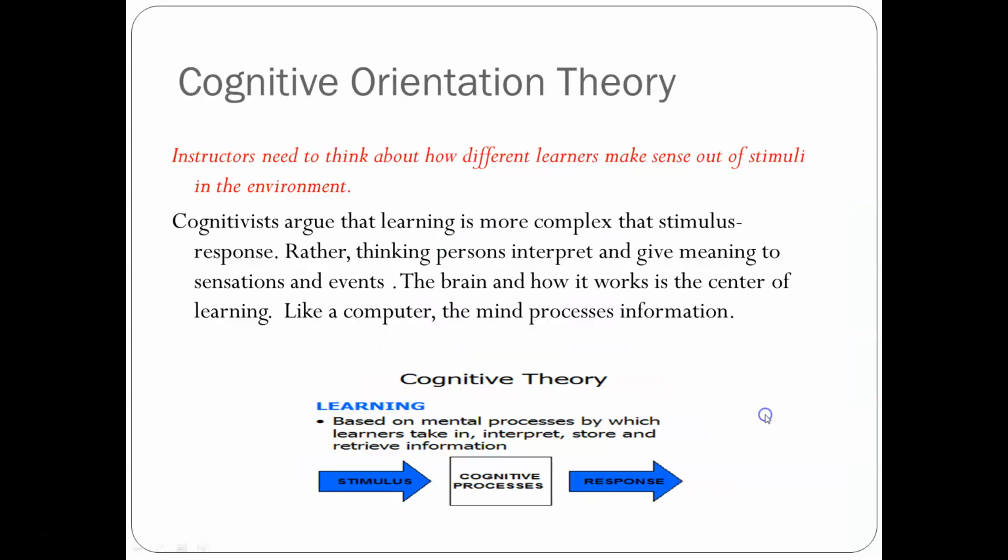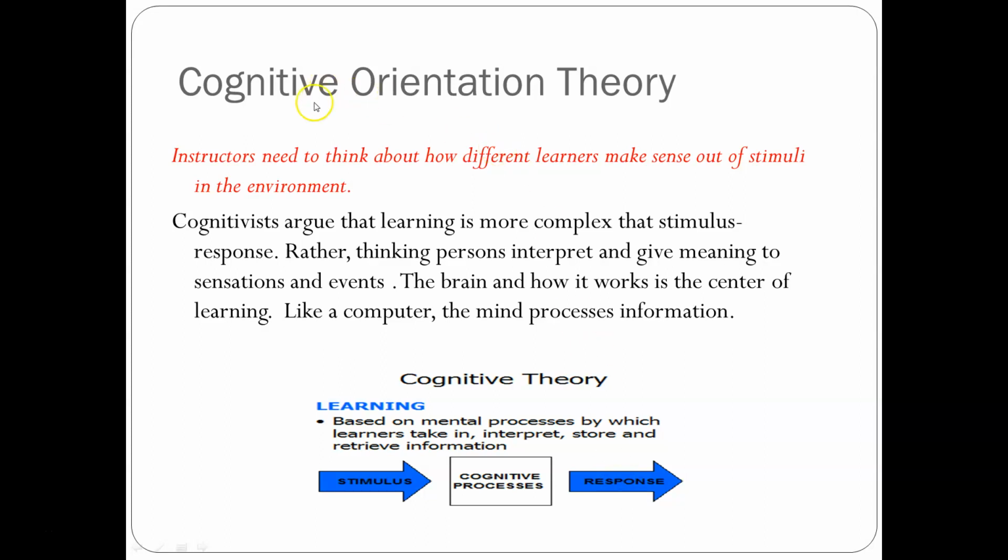Are you a humanist? A cognitive orientation steps back into behaviorism, but says, no, there's more to it than that. It's not just stimulus response. There's a cognitive piece in here. And so it looks more at the process as if you're a computer, and that your mind is processing whatever the stimulus is in order for you to thoughtfully elicit a response.